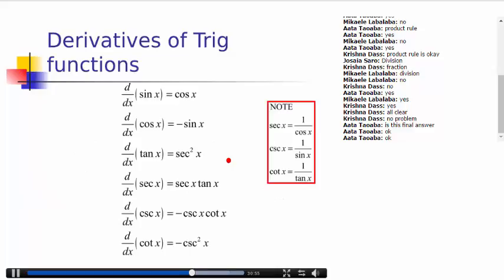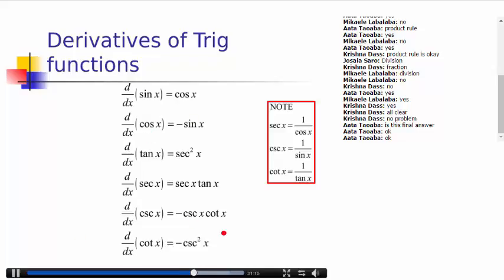Now, everyone's favorite, the derivative of trig functions. You need to know that when we differentiate sin x, it gives us cos x. When we differentiate cos x, it gives us negative sin x. And so on.